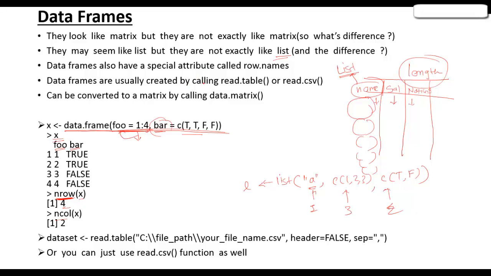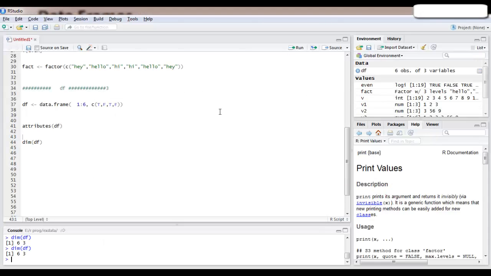Now let's discuss the difference between a list and a data frame in detail, which we have already seen. It's a difference of length, but still let's see how it works practically. Here you can see that I have created a data frame.